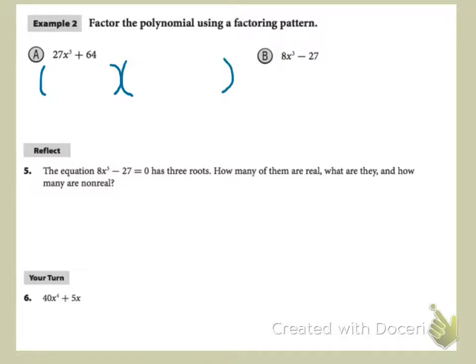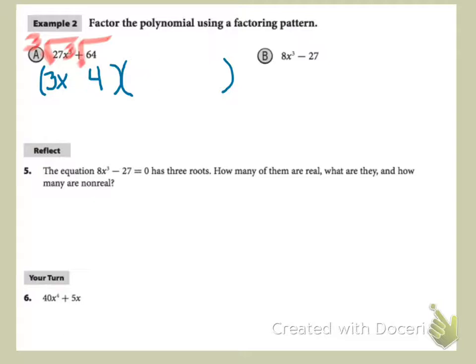To get the binomial, remember I'm going to cube root the first term to get the first term. So I cube root 27, I get 3. I cube root x cubed, I get x. Then I'm going to cube root the 64, so that's 4. So fill that in. Remember, I'm going to come back and worry about the signs later.